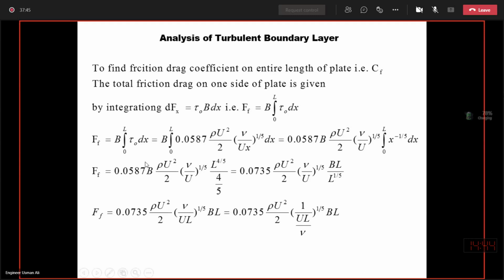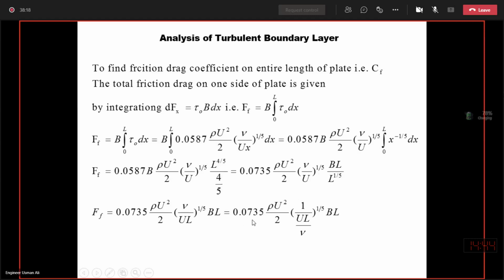So this equation further becomes 0.0587 b rho u square by 2 into nu over u power 1 by 5, with the limits of integration put in.